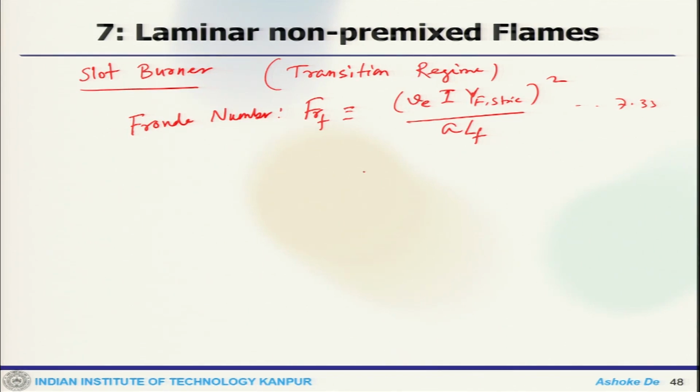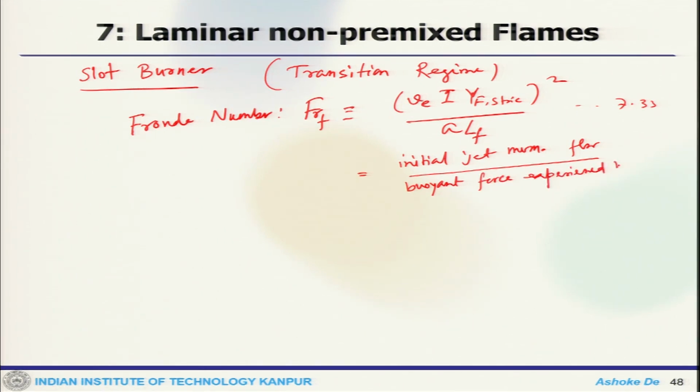So that is the ratio of initial jet momentum flow to buoyant force experienced by the flame.